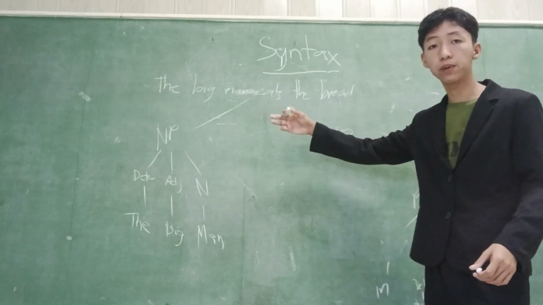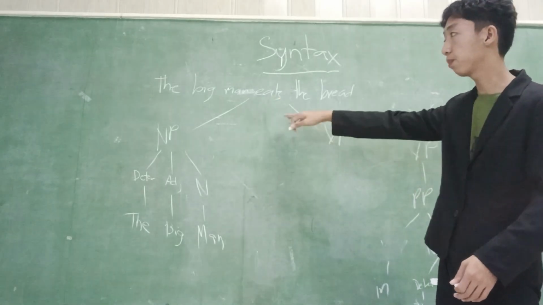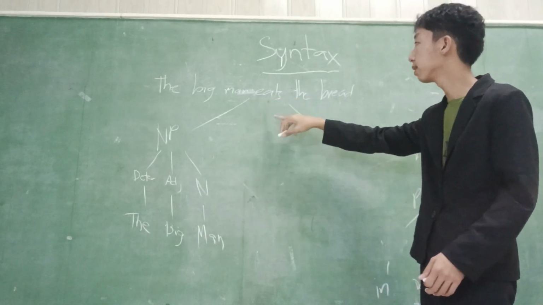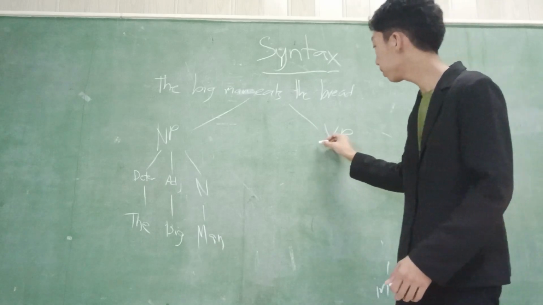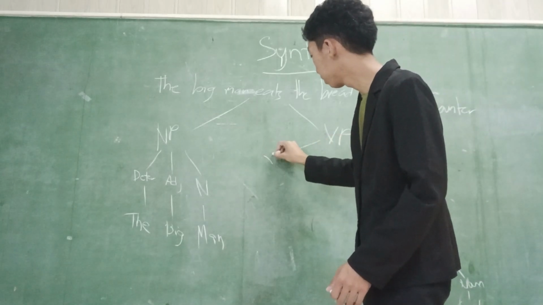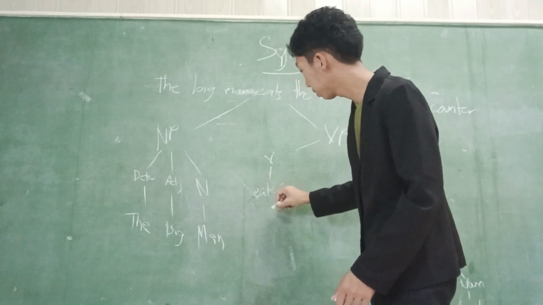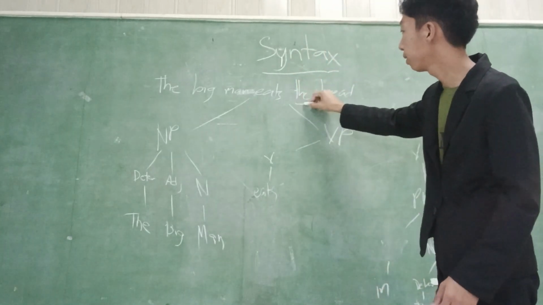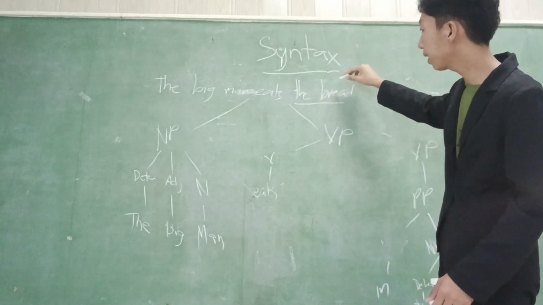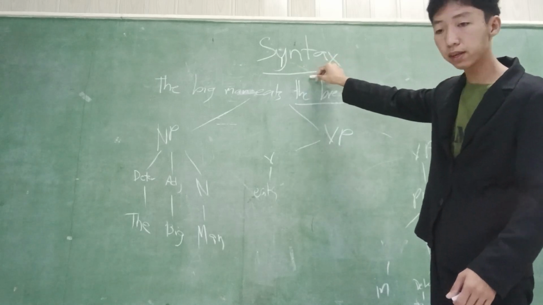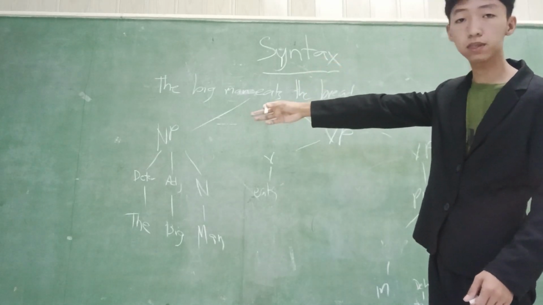Now let's move on to the verb phrase. The verb phrase starts with our verb, which is eats. So we have eats as the verb. The bread. It can again be considered a noun phrase.